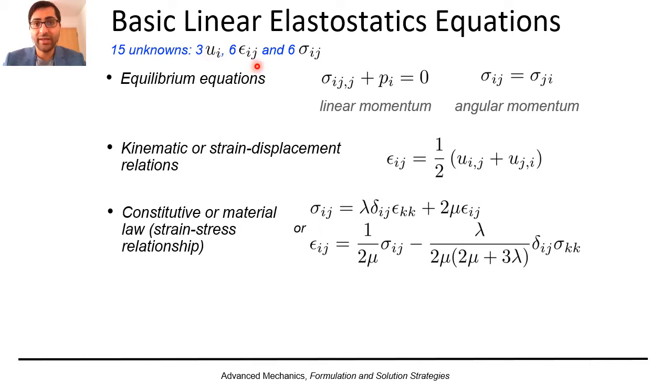For the strain and stress, we know these are second order tensors with 9 elements each, but only 6 of them are unique because of symmetry of strain and stress tensors. So we have 6 unknown strains and 6 unknown stresses.